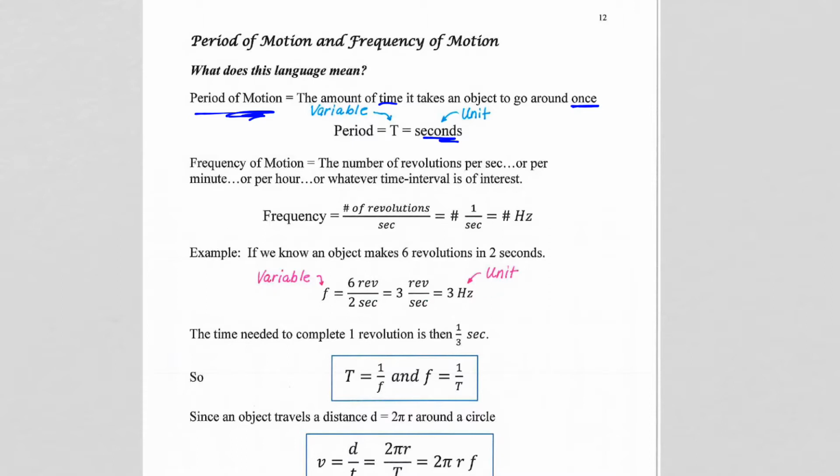The number of revolutions either per second or per minute or per hour or whatever time interval is of interest in the problem. If the time interval is per second, then we introduce this unit Hz, which is hertz, because a number, of course, is just a number.